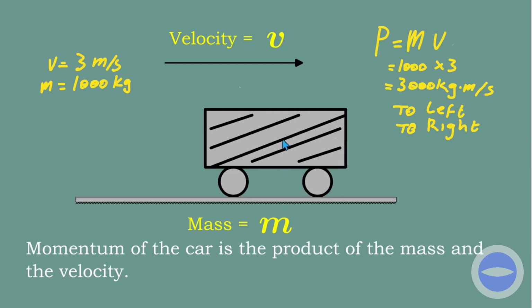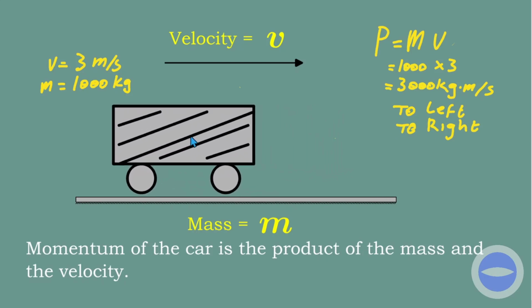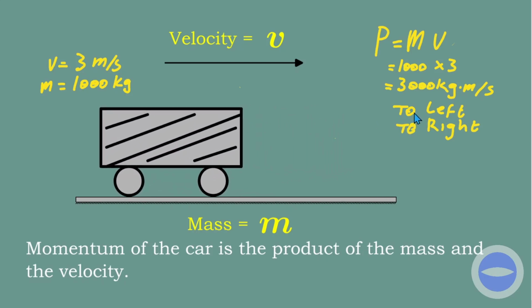Like if it's traveling in this direction, then you will say 3000 kg meters per second to the left. If it's going to the right, then you say 3000 kg meters per second to the right. I hope you understand. Always you must show the direction, because if you want to get all the marks, you must show the direction.